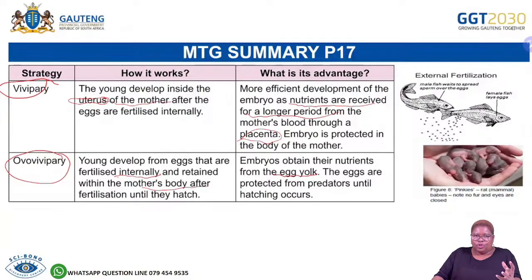The advantage is that embryos obtain their nutrients from the egg yolk. Remember, we've also looked at the structure of the egg there. Samantha did it with you. So you need to know the parts and their functions. Okay, so we're saying the embryo obtained their nutrients from the egg yolk. Remember, we looked at the egg yolk and also the albumin there.